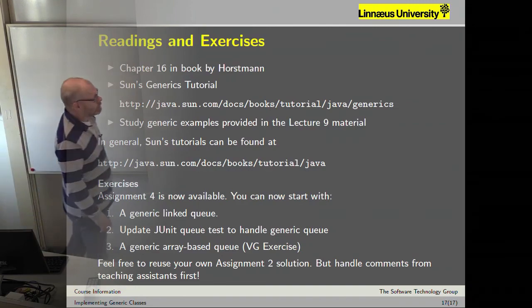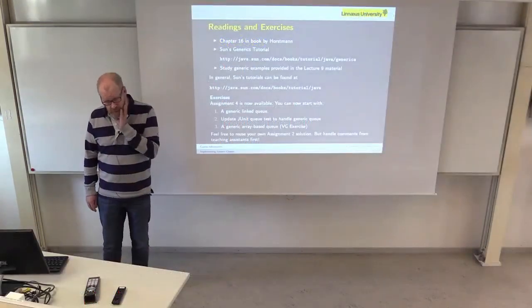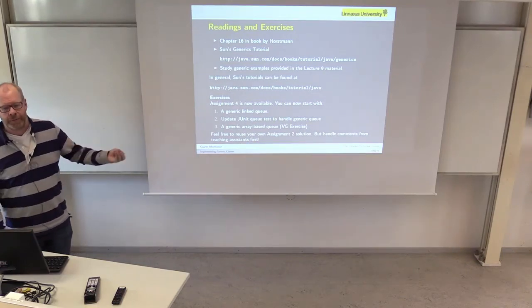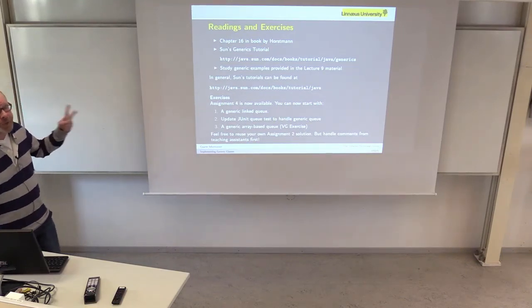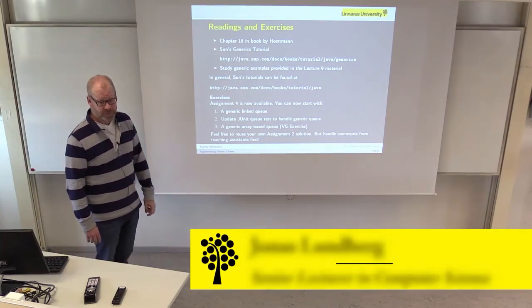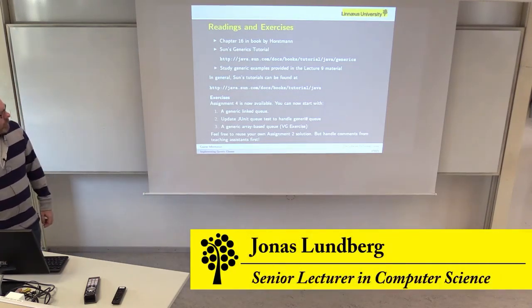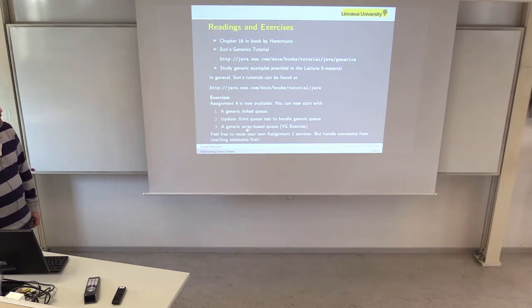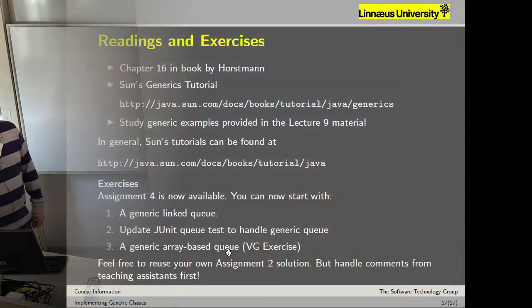Remember that when you are testing a generic class, you cannot only test it with integers. You should at least use 2 type parameters to make sure that it's not only working for integers. Some of you implemented a generic array-based queue, the circular queue.